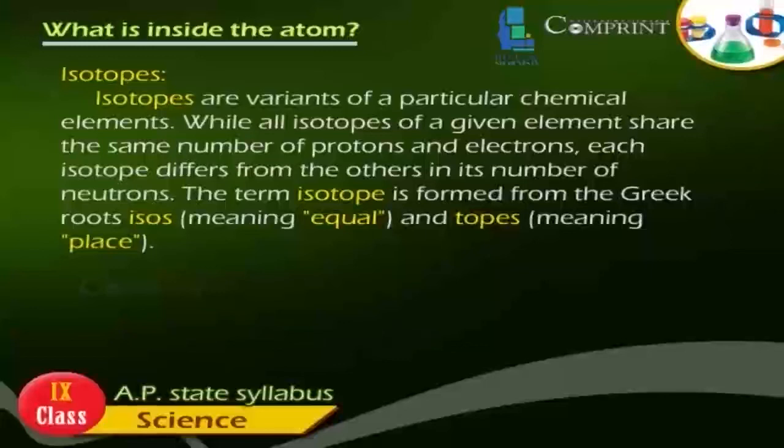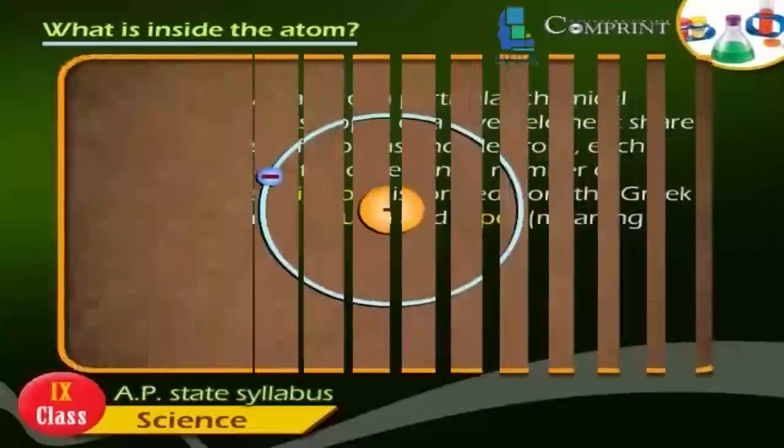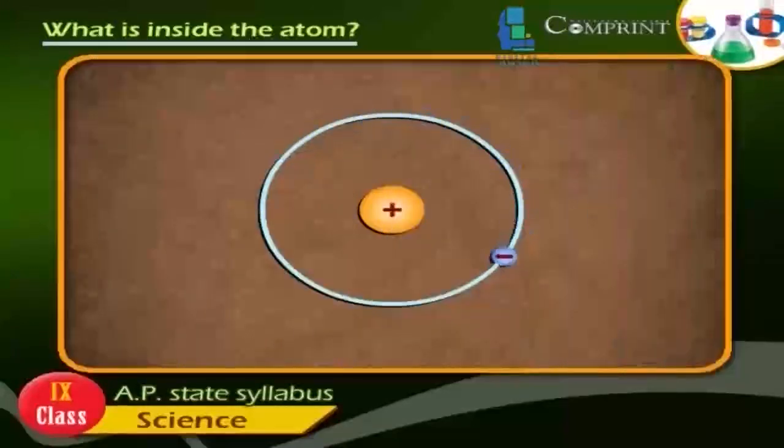Isotope. Isotopes are variants of a particular chemical element. While all isotopes of a given element share the same number of protons and electrons, each isotope differs from the other in its number of neutrons.